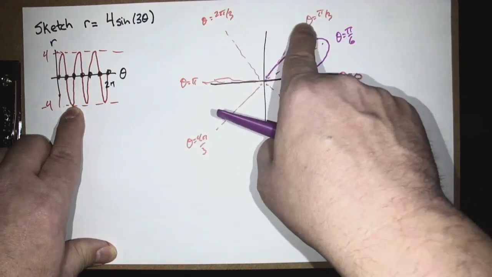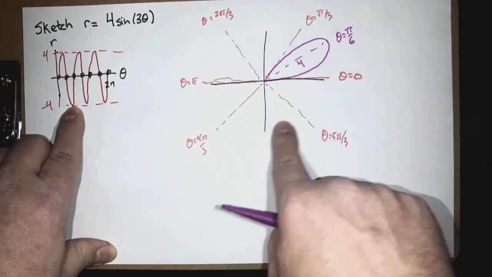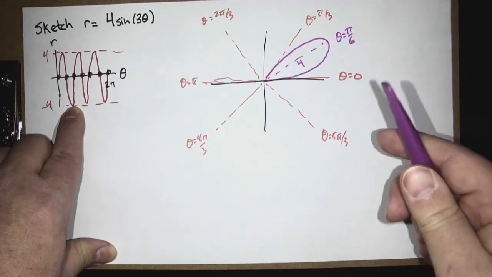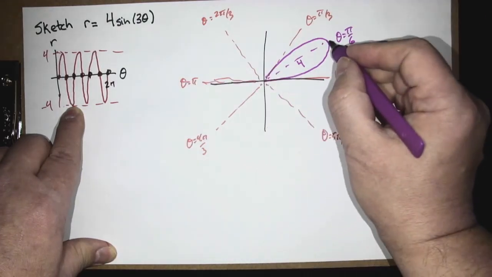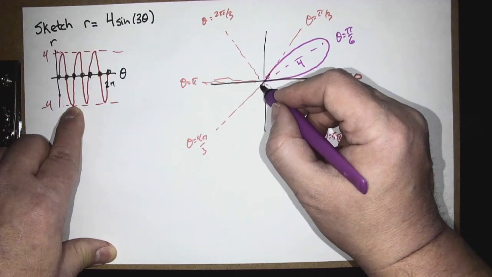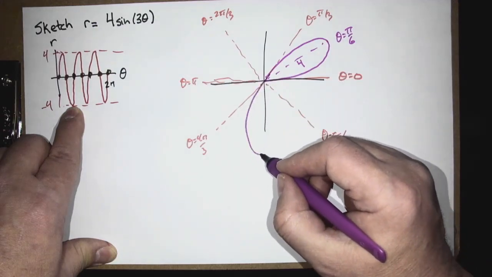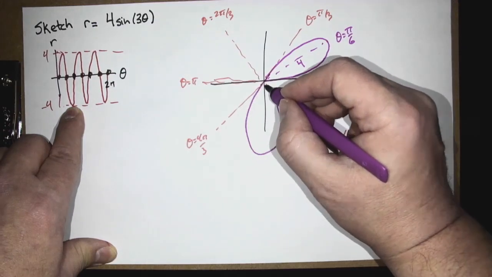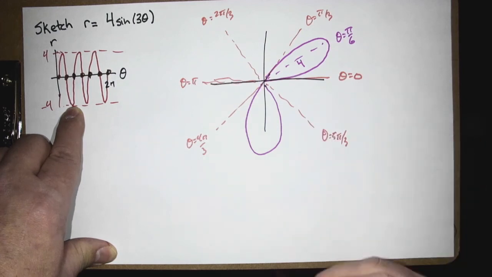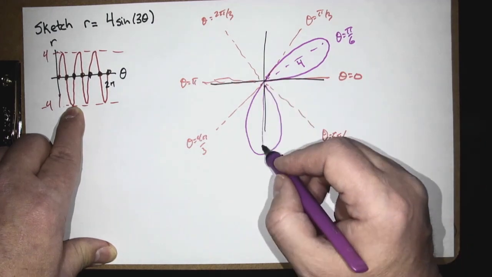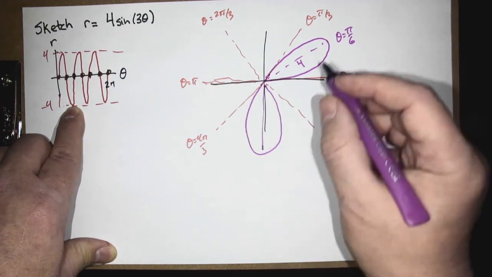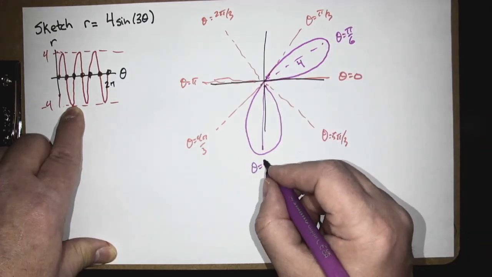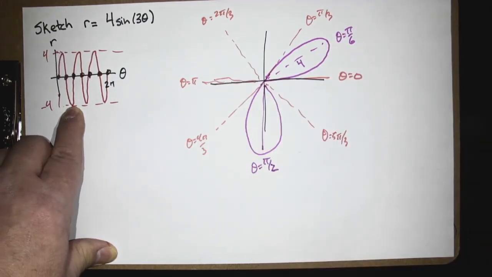So if this is a positive, then opposite is down here. So what's happening is we're coming in, and then we're going to go down and back up. And this part right here, this would be halfway between pi over 3 and pi halves. This is theta equals pi halves.